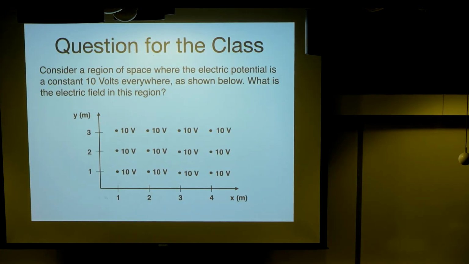Now, let's see another way of working this out. So let's say we have a region of space where instead of giving you some function for what the potential is, I'm literally just going to tell you at each point in space what the potential is. So in this case, it's very, very simple. It's 10 volts everywhere. So what can I say about the electric field in this region where it's just uniformly 10 volts everywhere?